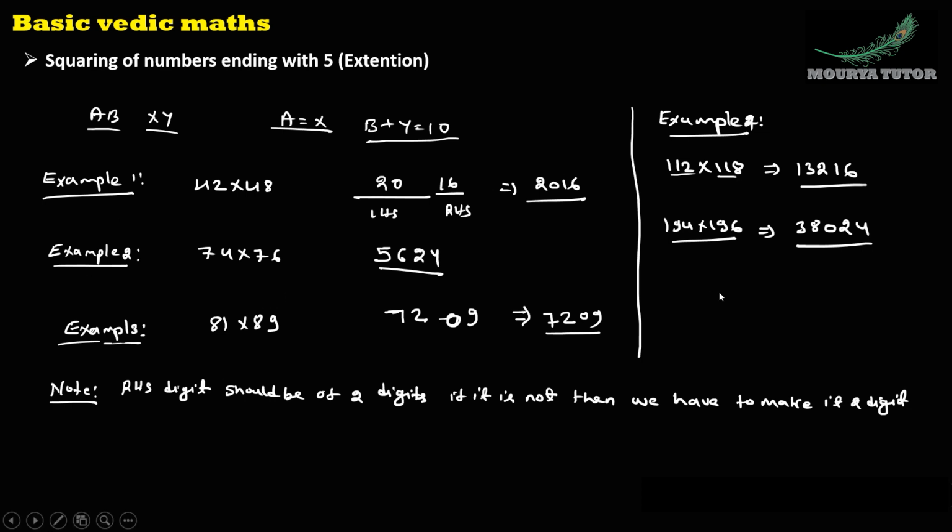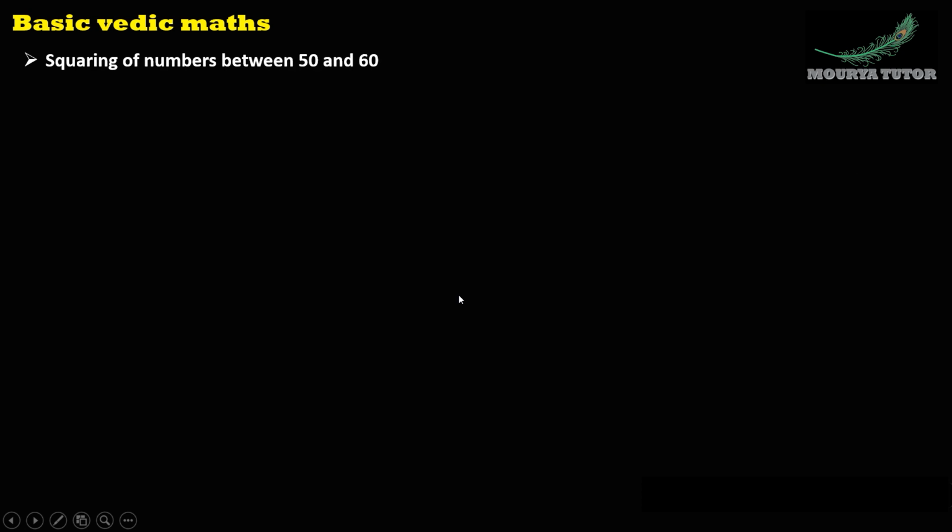Now let's learn another rule, that is squaring of numbers between 50 to 60. Okay, let's suppose a number xy is given to you, and that is in between 50 to 60, right? Then you can square it easily using Vedic maths.